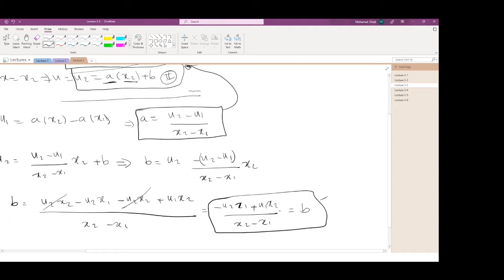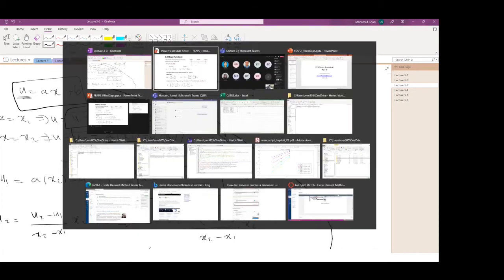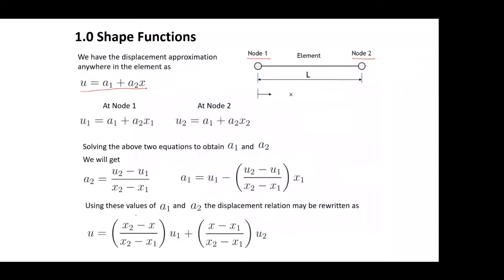Now, if I put A and B back into this equation here, I insert B here and A here, and I will have this expression. And then if you want, you can write it in this form: N1 U1 plus N2 U2.